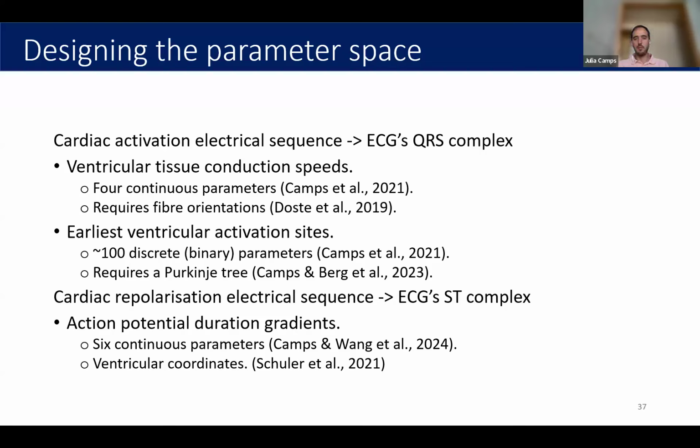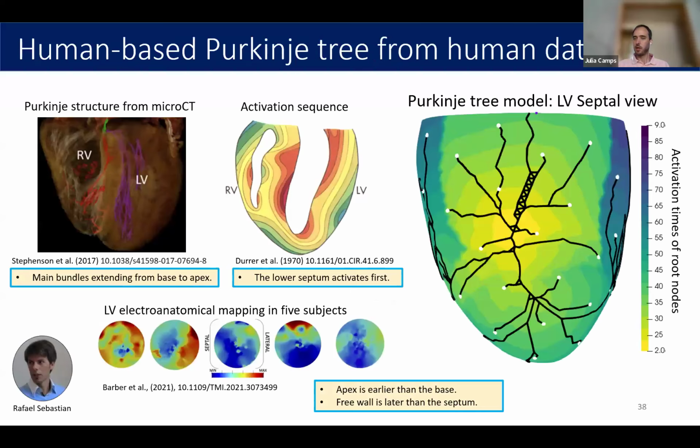Okay. Another thing that we can think about is, instead of injecting variability that would be interesting for the context of use later on, we can think about it also the other way around. So maybe there are parameters in our model, for example, in this case, the actual structure of the fast conduction system in the heart, that we cannot observe. So we cannot observe this from the clinical data.